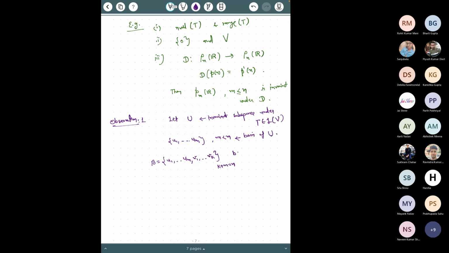So suppose we have an invariant subspace. It's a subspace, so I can take its basis, and I can extend this basis to a basis of the vector space V.